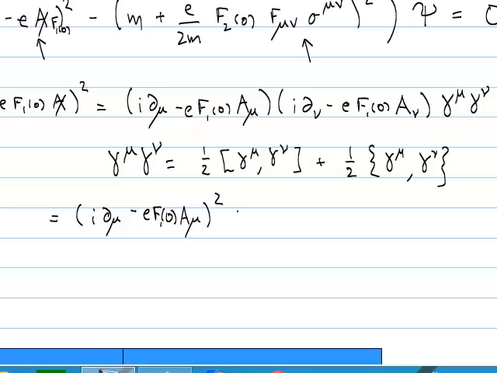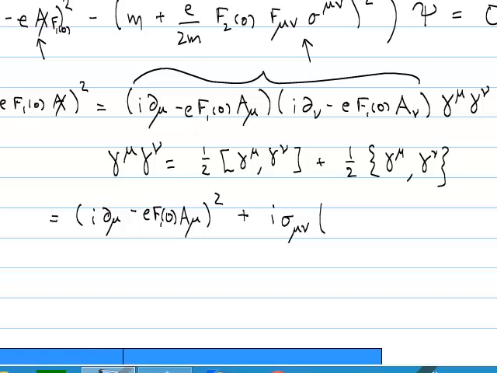Then we have a correction term proportional to the commutator of gamma^mu with gamma^nu. Sigma^mu nu is another name for i over 2 times the commutator of gamma^mu with gamma^nu. So this is i sigma^mu nu times these two factors here.